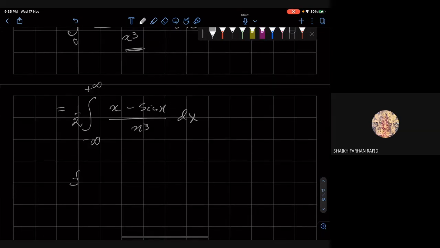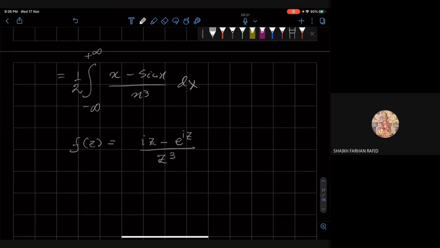Now, consider the function f of z, which is I times z minus e to the power I z, divided by z cubed. Now, if I factor out 1 over z cubed, I get I z, and then let me just expand this.